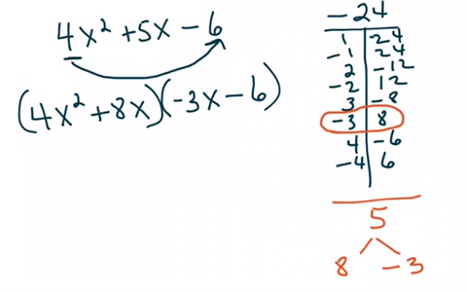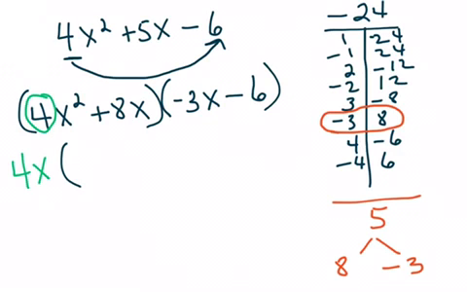Now we're going to simplify this. When we look at this first term, do you see that we could take a 4 out of 4 and we could divide it into 8 as well? So I'm going to put a 4 out here. Do you see how we have an x in here in the first term and an x next to the 8? So we can divide that out. All right.